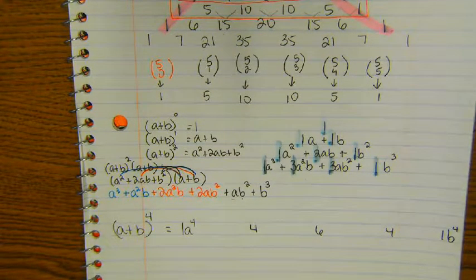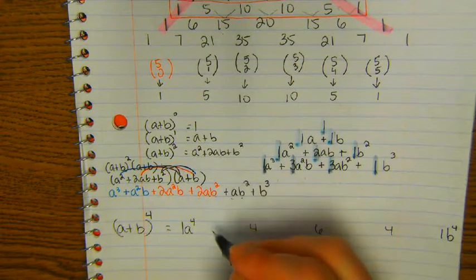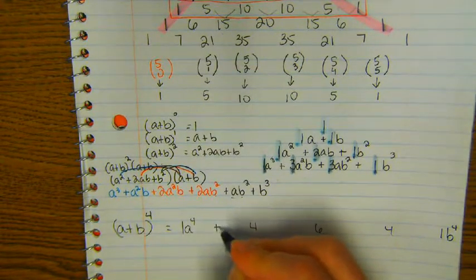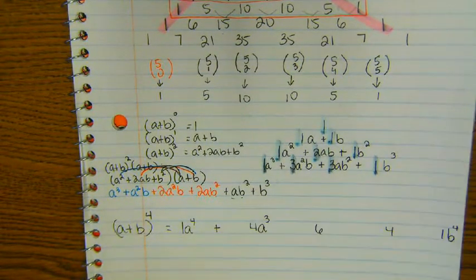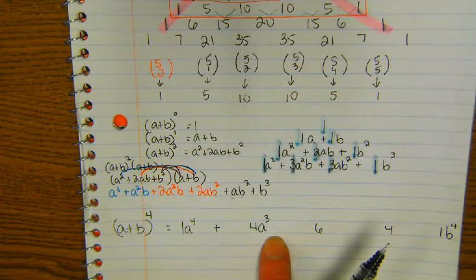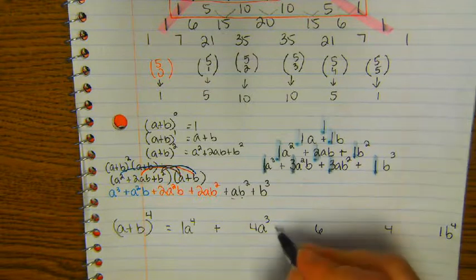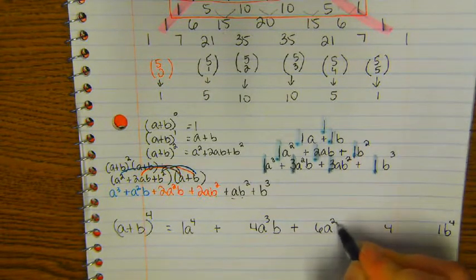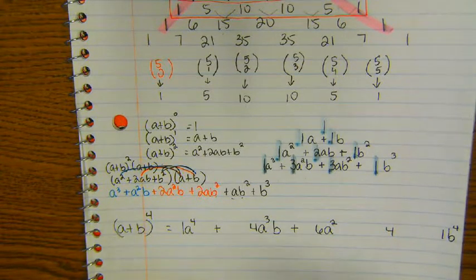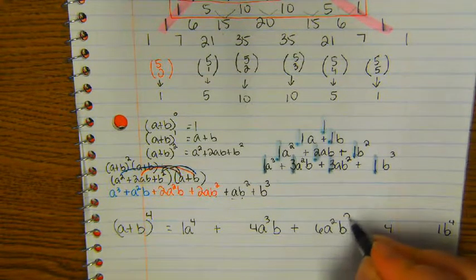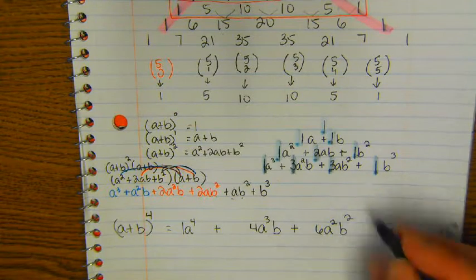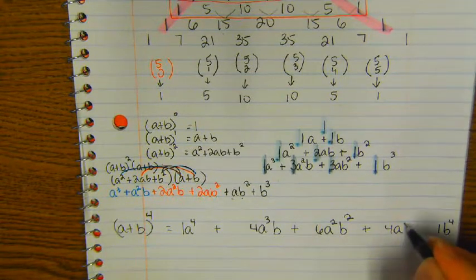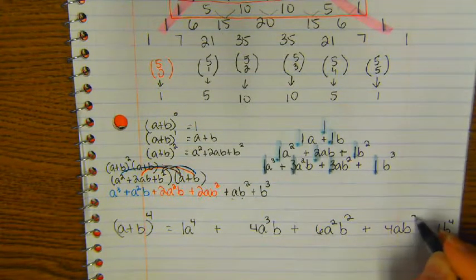Then the next term, it's a cubed, and then there would be a b, correct? Then plus 6a squared b squared plus 4a b cubed plus 1b to the 4th.